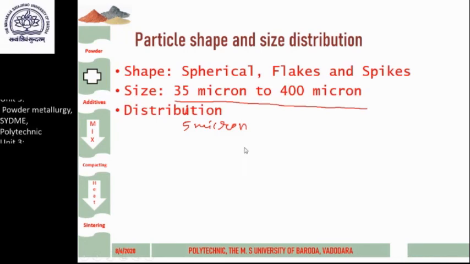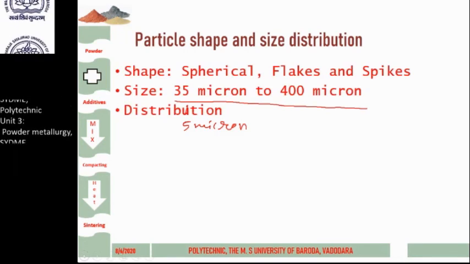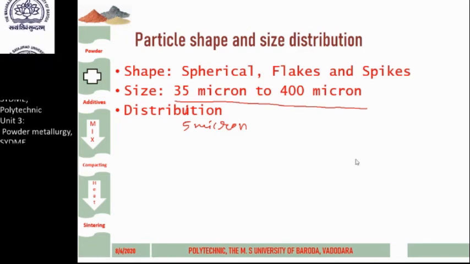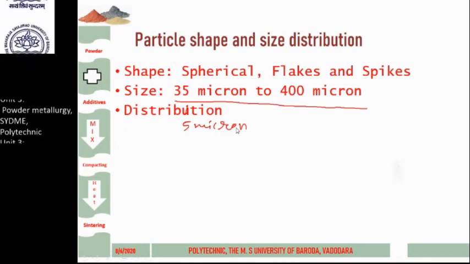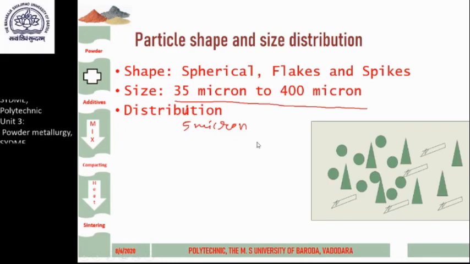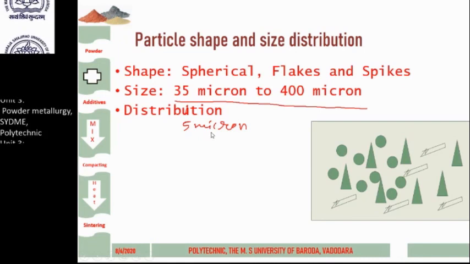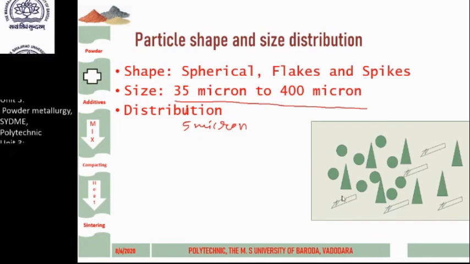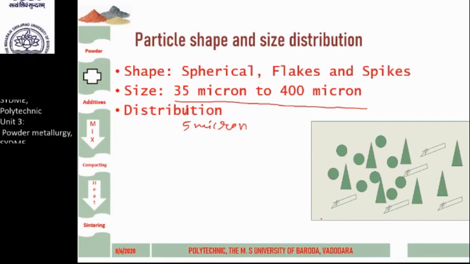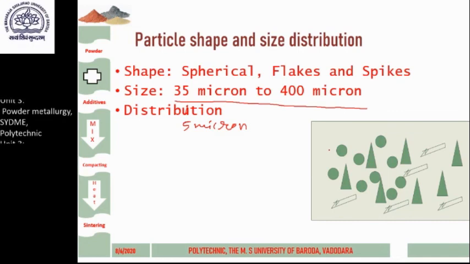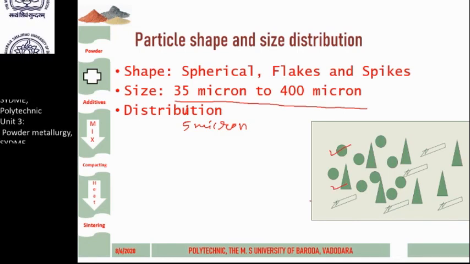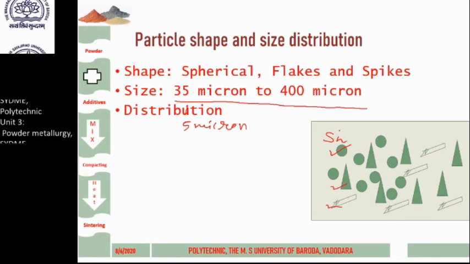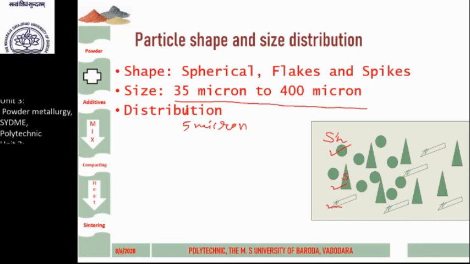So distribution, here we try to get information about the distribution of particles, considering that there are these three different shapes: a shape with spherical nature, a shape with spike nature, and a shape with flake nature. So this is spherical, this is spike, this is flake.